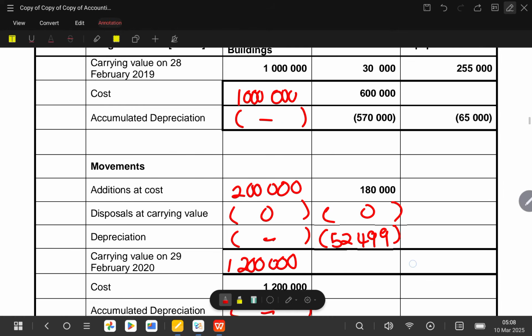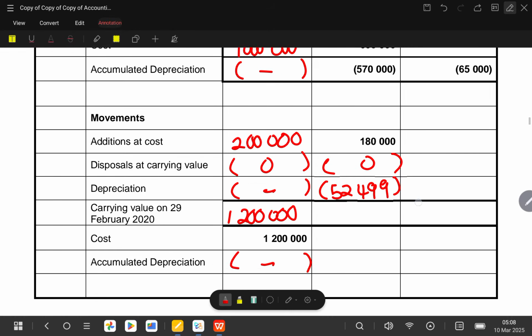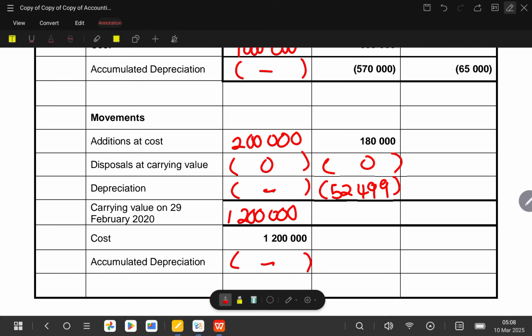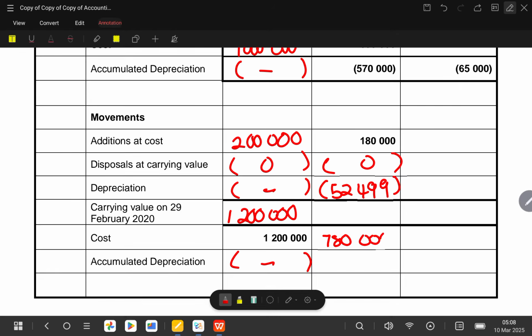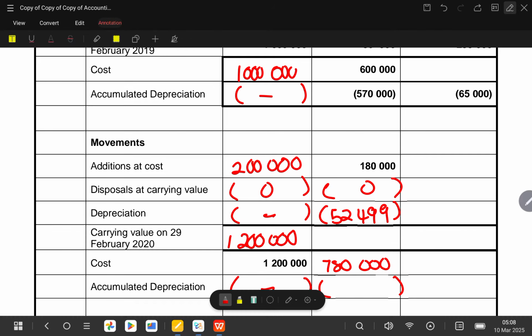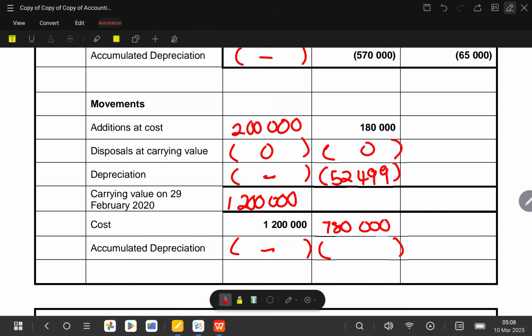Now when you check the cost price at the end, it will be 600,000 plus 180,000, which will give us 780,000 at the end. And then our total accumulated depreciation here, because we did not dispose of anything, will be 52,499 plus 570,000, which will give us 622,499.